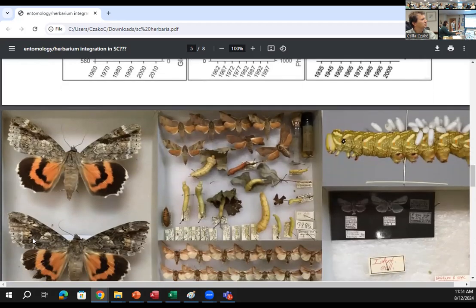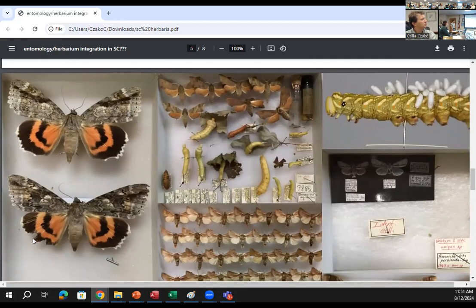The collection that I'm de facto in charge of now is this fantastic moth and butterfly collection that was made by an eccentric, obsessive millionaire in Charleston County in the 1960s and early 1970s.